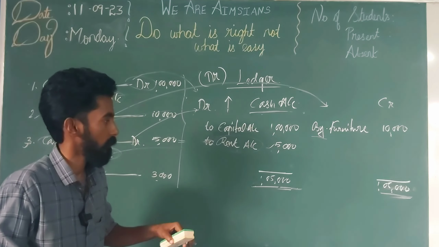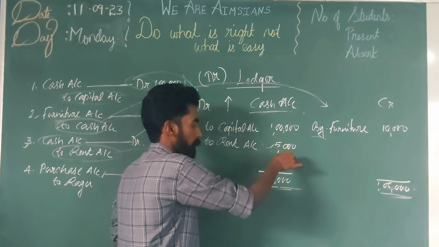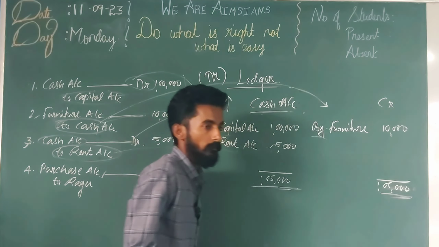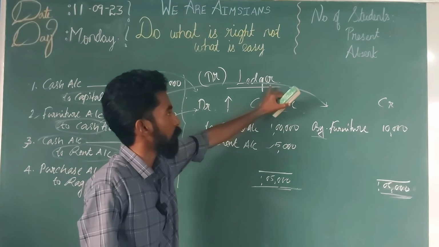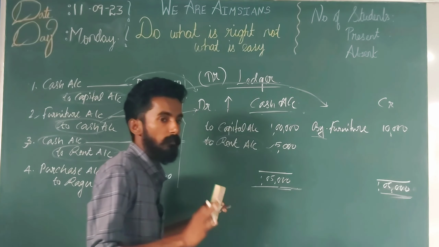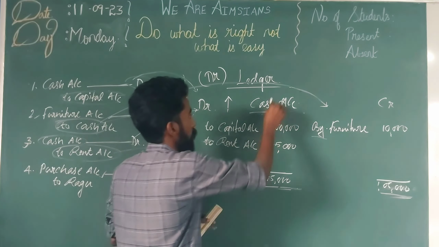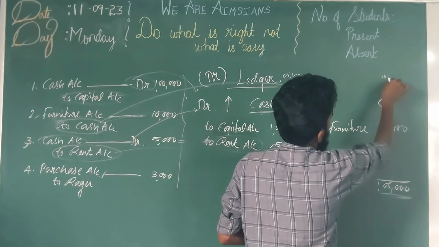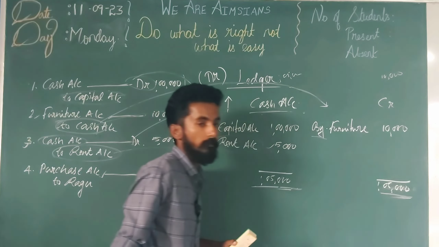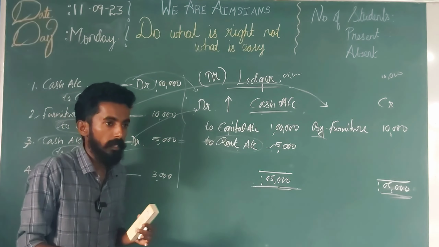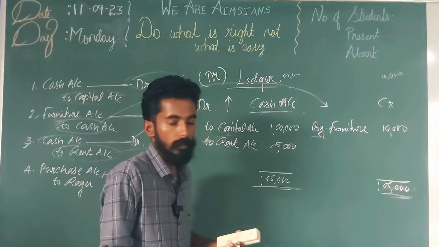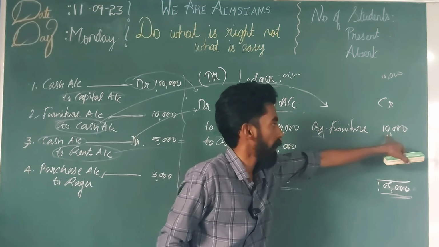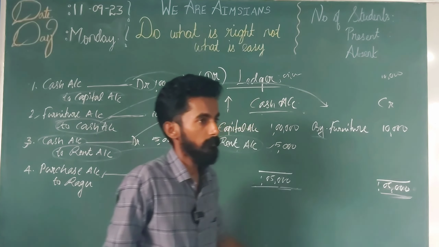How can we balance? See, here I am getting 1,05,000. Here I am getting only 10,000. That separate column total you can write with a pencil somewhere there for better understanding. Suppose here I am writing 1,05,000 in my debit column, and the margin here is only 10,000. So if I am going to balance, then the treatment is 1,05,000 minus 10,000.